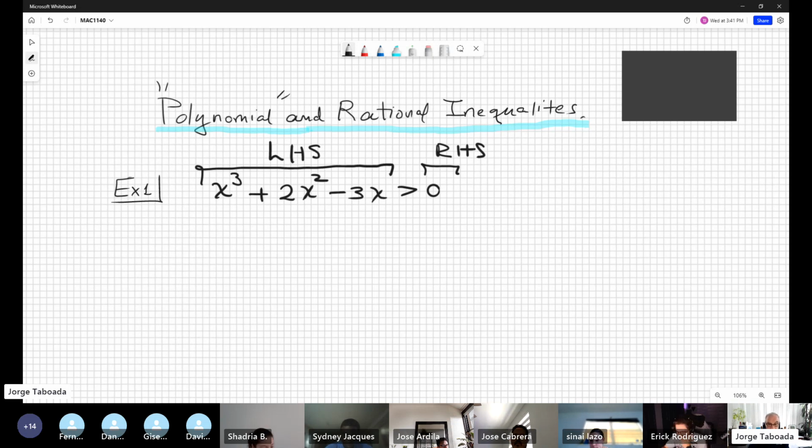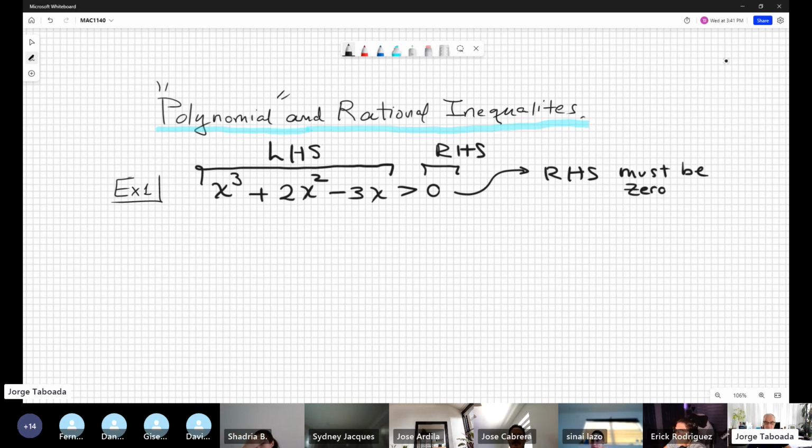I highly recommend that when you solve this kind of inequality, the right-hand side must always start as 0. The reason may not be clear now, but in a few minutes you will understand it.